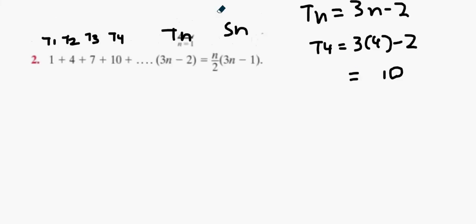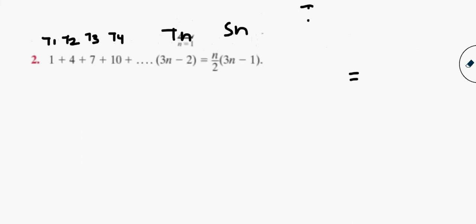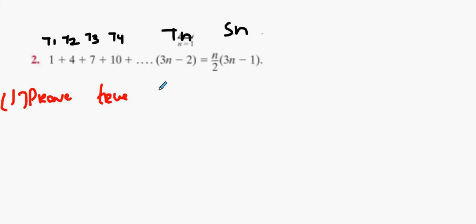Alright, now, next thing we're going to do is this. We're going to prove that this formula works for n equals 1. So step 1 is prove true for n equals 1. So what does that mean? It means we're going to take T1, which equals 1.